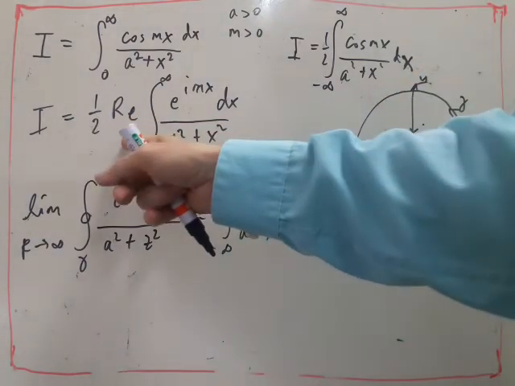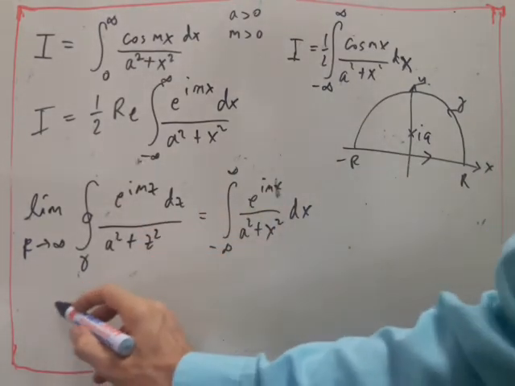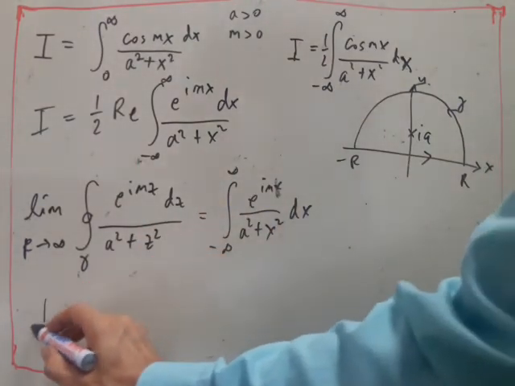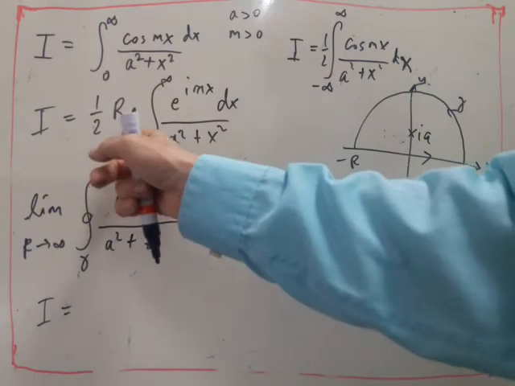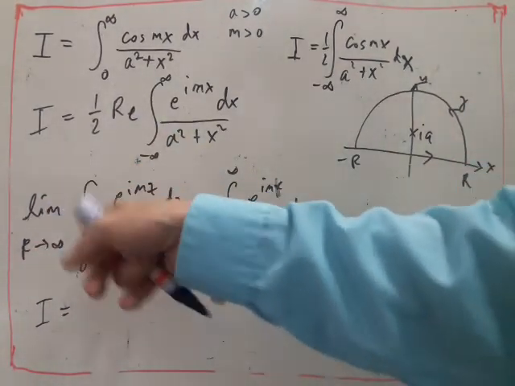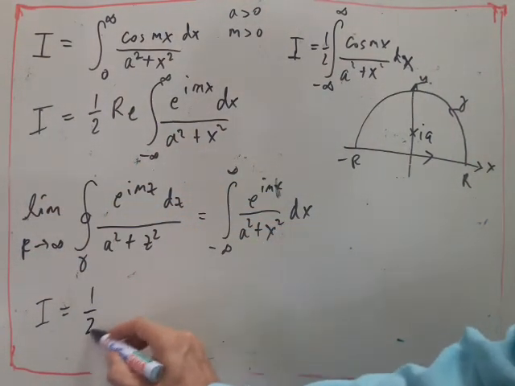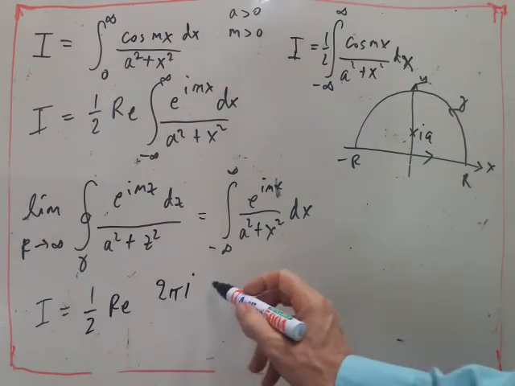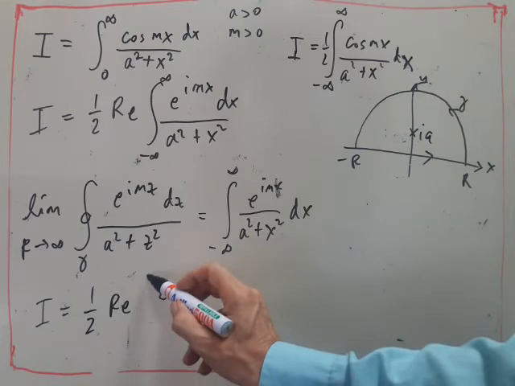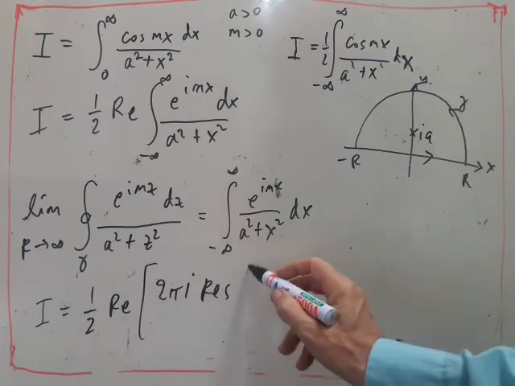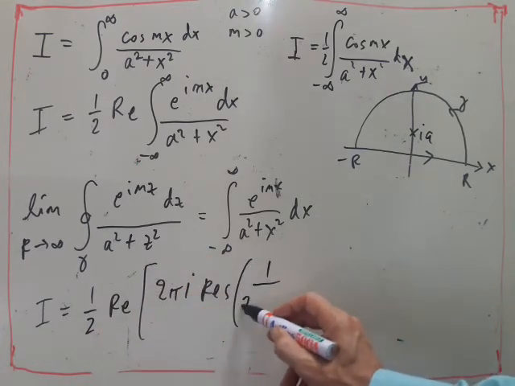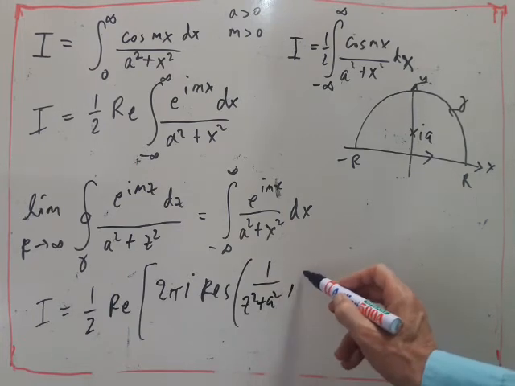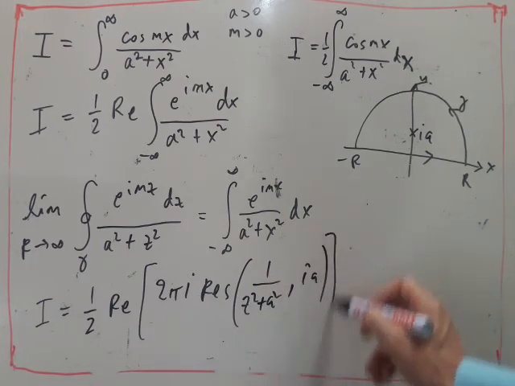So anyway, applying this result here, we've got I is half the real part of 2 pi i times the residue of 1 over z squared plus a squared at ia.